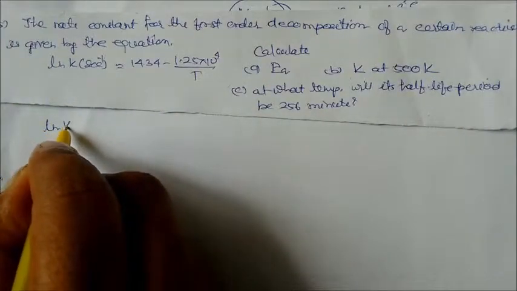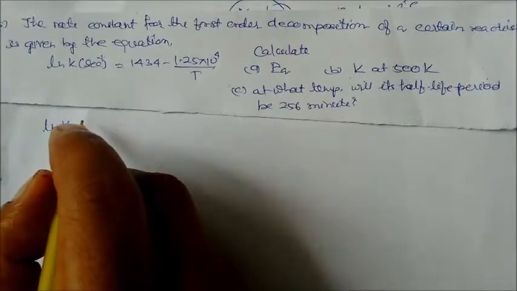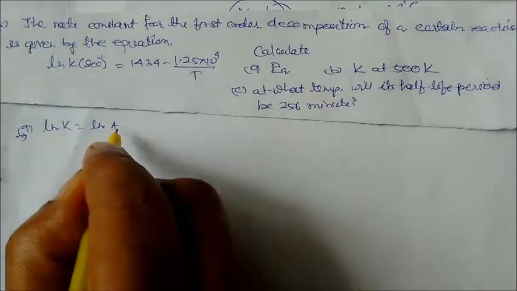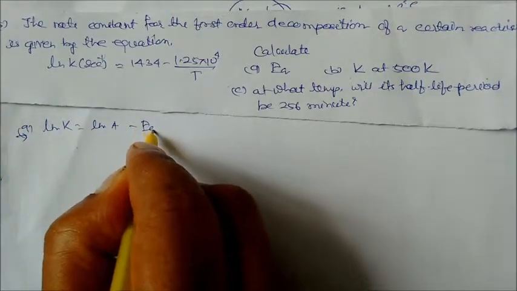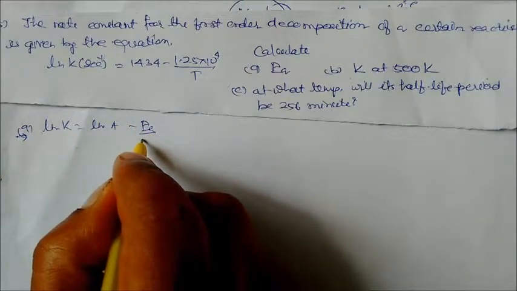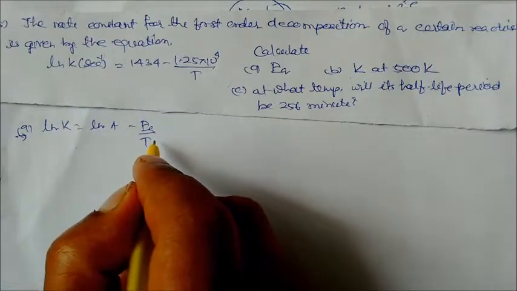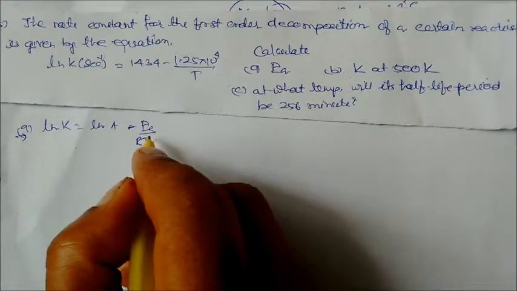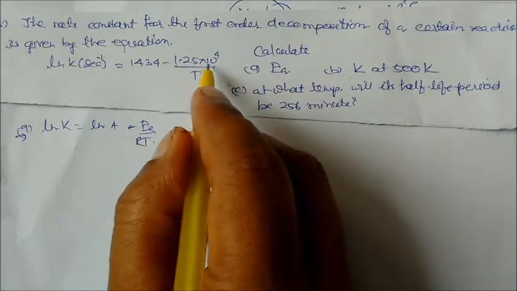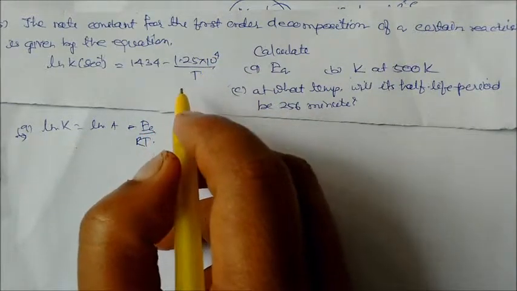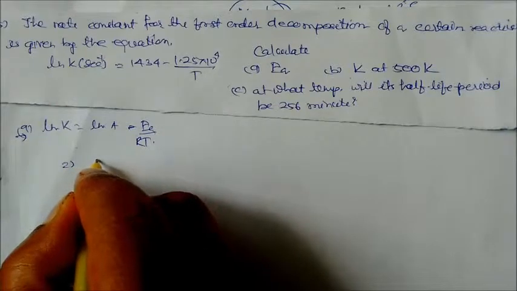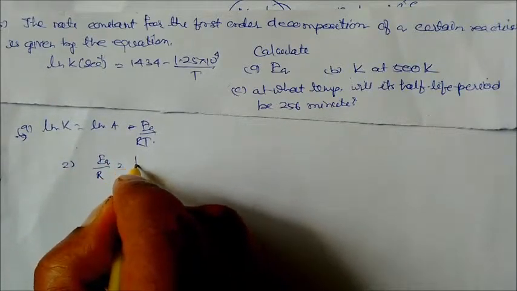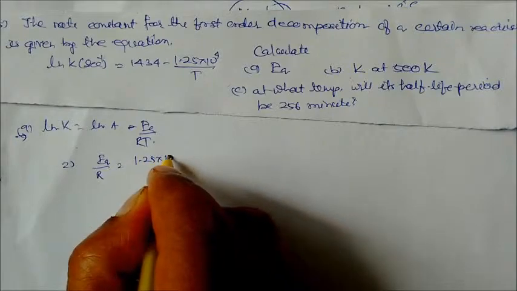So ln K is equal to ln A minus EA by RT, so here we can compare. EA by R is nothing but 1.25 into 10 to the power 4.